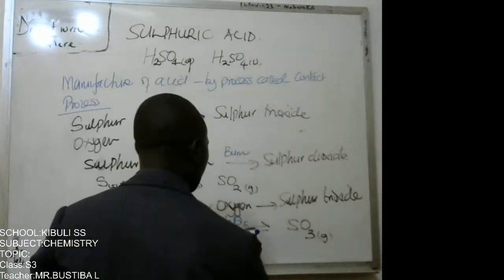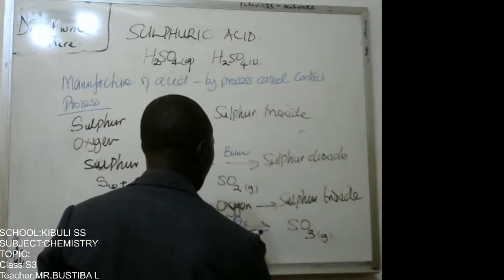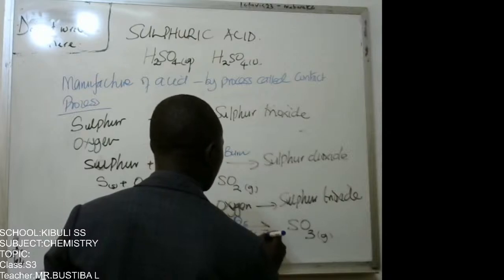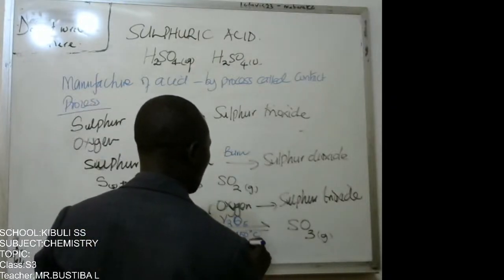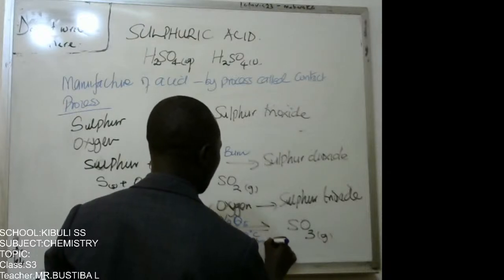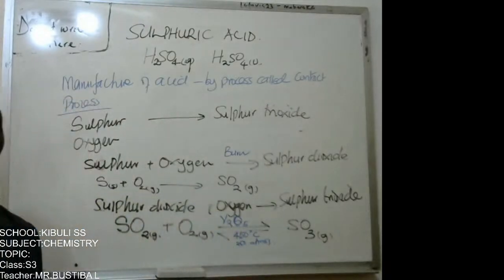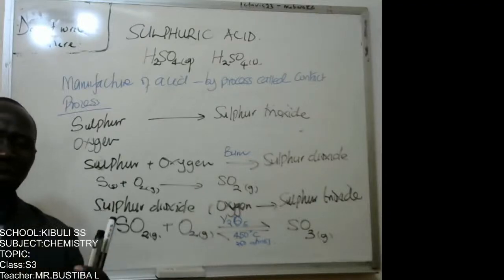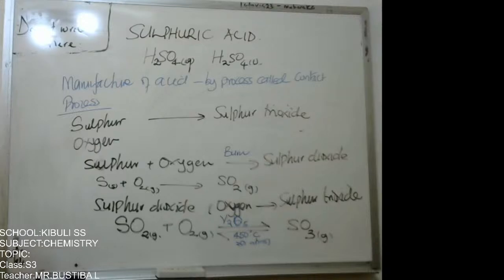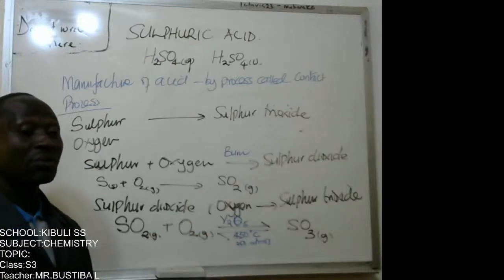It requires a temperature of around 450 degrees Celsius and a relatively high pressure of about 250 atmospheres for the reaction to take place. If not, the reaction is going to be extremely slow, and the amount of sulfur trioxide formed is going to be limited.